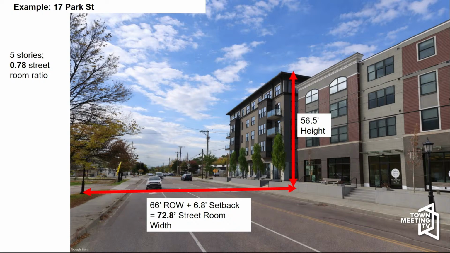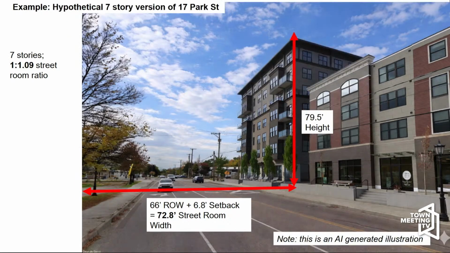So a repeat of this type of height along the street would be allowed. And in this same example, this new building at 17 Park Street could be taller further back under these regulations, but not up close on the street like this. Right. Okay. So just with a little bit of imagination, we can imagine if we added 2 stories to this, right up to the line where the building currently is.